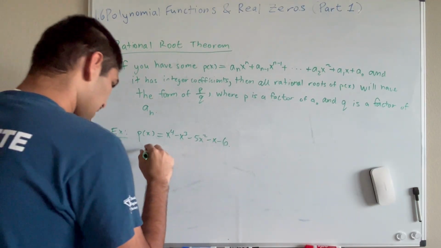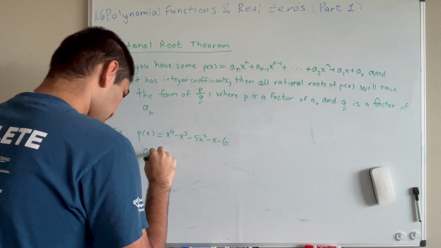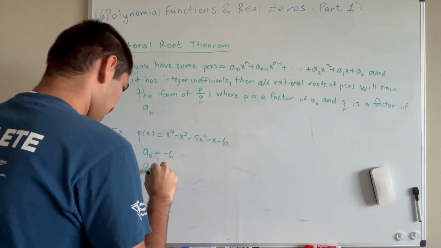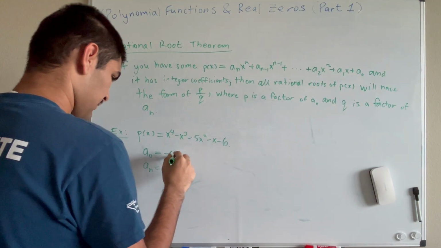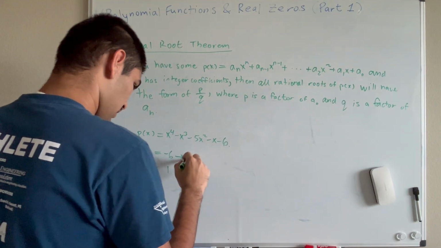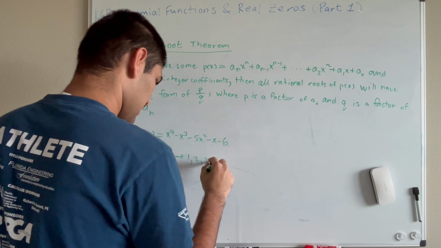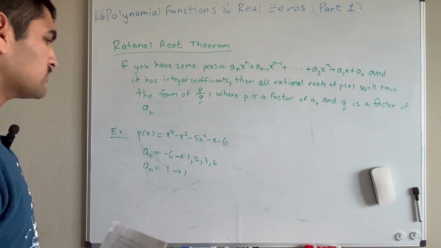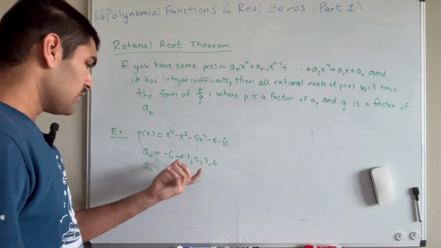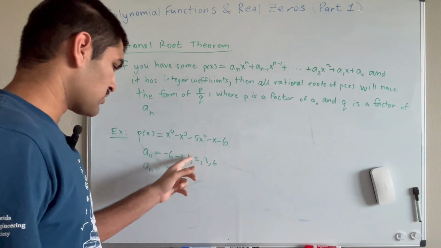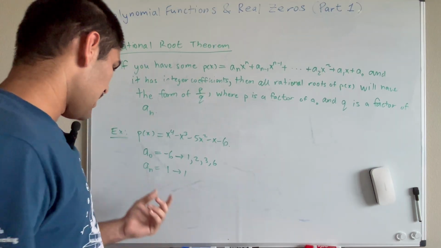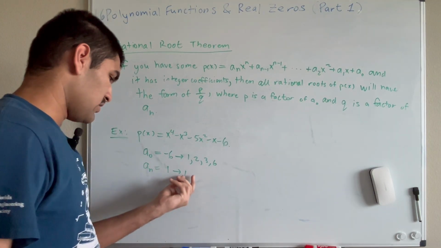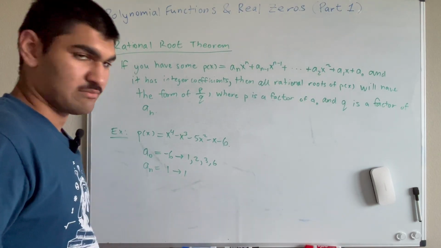In this case, our a0, or our constant term, is negative 6, and our leading coefficient, or an, is just 1, right? So the factors of 6 are 1, 2, 3, and 6, and the factors of 1 are just 1. So p will be a factor of a0. These are all possible values for p, and all possible values for q are just factors of an. So q only has one value, namely 1.